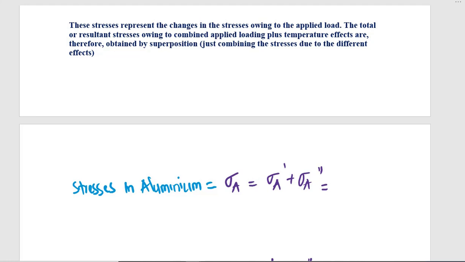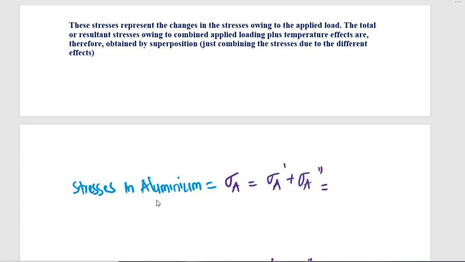The total or the resultant stresses owing to combined applied loading plus temperature effect are therefore obtained using superposition. In other words, we have to combine the stresses due to the different effects, for example, due to temperature and due to the load that was applied.